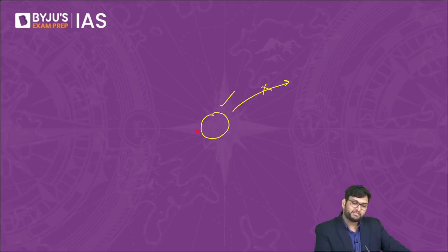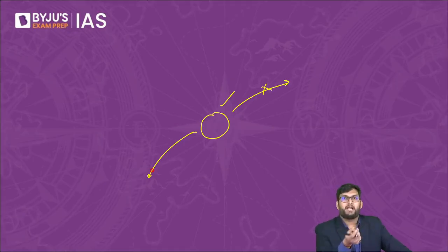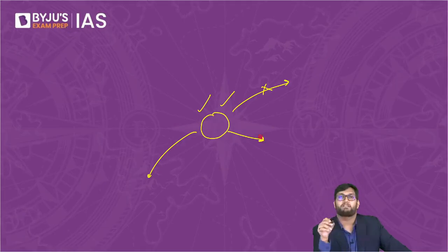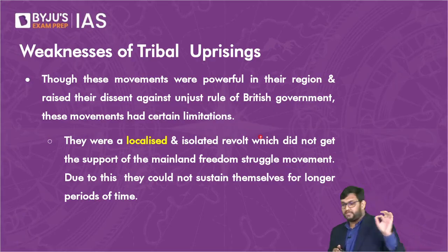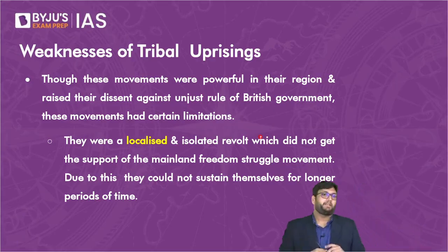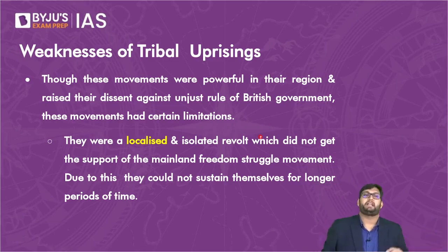Further, they are based on attacking the agrarian order, or generally the new outsiders who have come in, the zamindars and the moneylenders. And the biggest problem is that either they are spontaneous or they are not thinking of the long-term mission itself. So when I talk about the weaknesses of the tribal uprising, it is actually just the extension of everything which you see vis-a-vis characteristic.